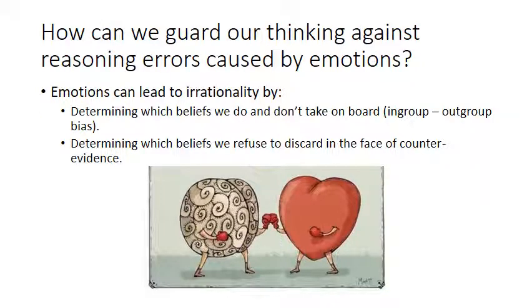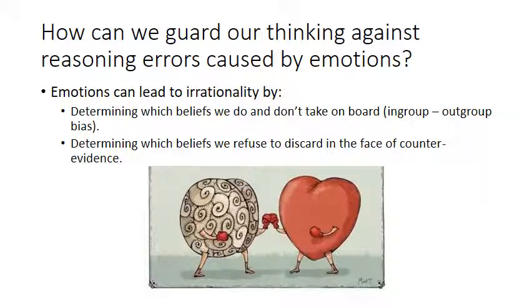All right, then on to the second source of biases, of reasoning errors, of tainted reasoning, and that source is emotions. And emotions, well, they can lead to irrationality by, first of all, determining which kinds of beliefs we do and don't take on board. Remember the in-group, out-group bias. We're way too uncritical, typically, of beliefs that come from our close environment.